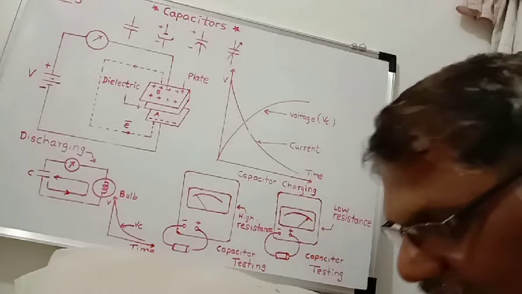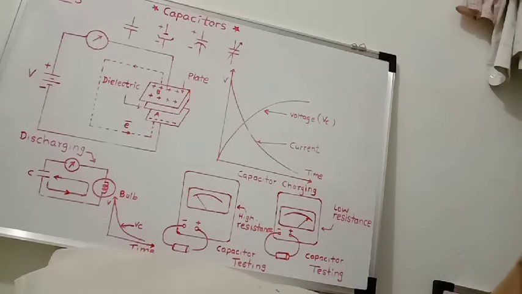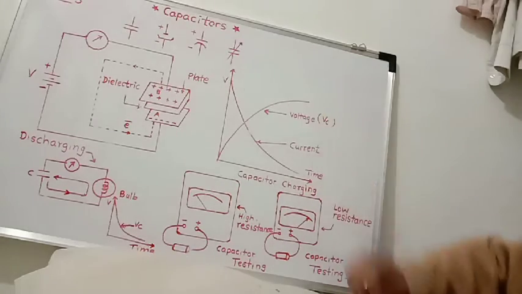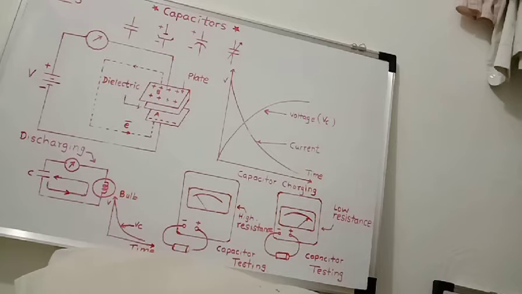Now, a capacitor is nothing but a second important passive component, and it is observed in many electronic circuits, and also in electrical circuits. Many times these capacitors are called condensers. Basically, it is used to store electrical energy.